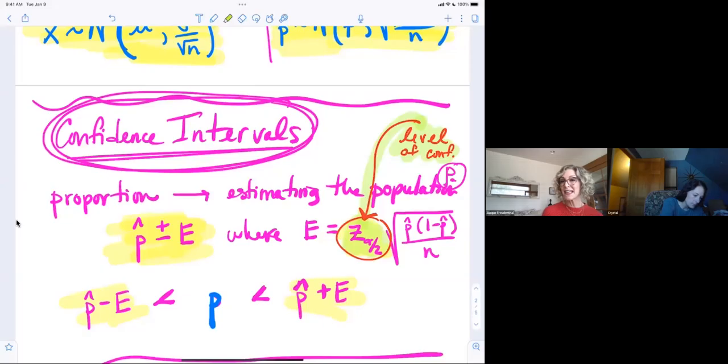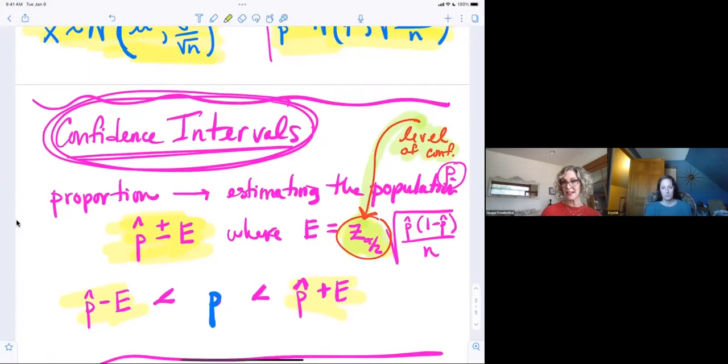So if you have a 90% level of confidence, alpha is 10%. So then you're looking at Z alpha over 2, so you're looking at Z sub 5%, Z sub 0.05. We will continue with that idea later.